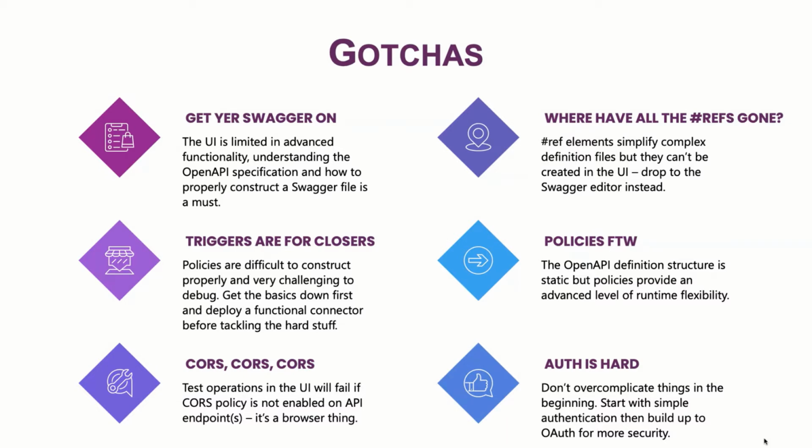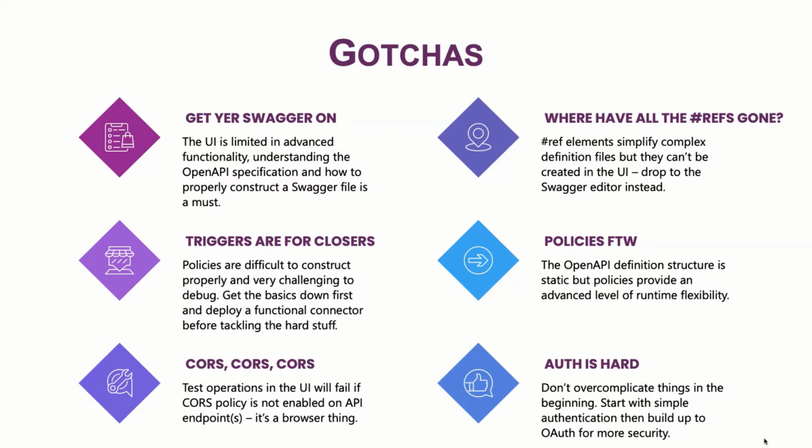And finally, authentication can be difficult, especially if you haven't done OAuth before and you're not familiar with the OAuth standard and how to deal with all the different types of tokens and what you have to do. Start simple. Build a spec with basic authentication. A username and password is okay for testing only.